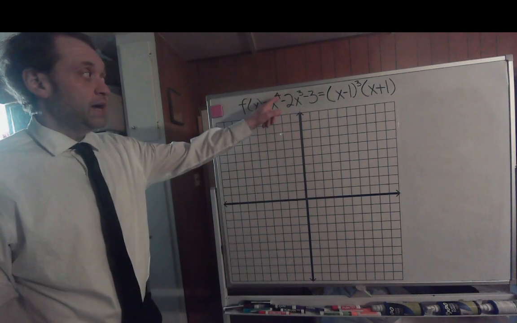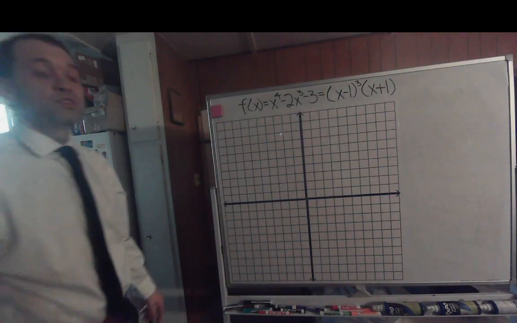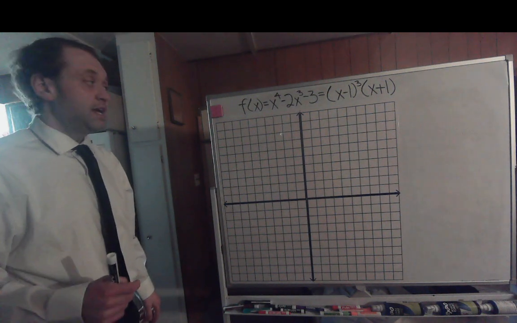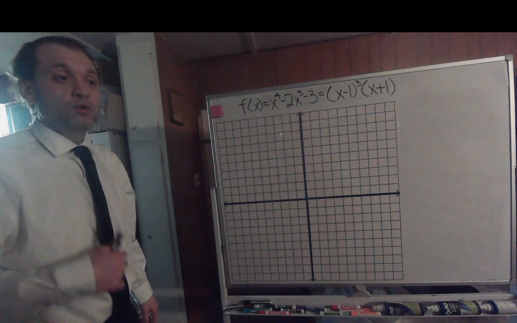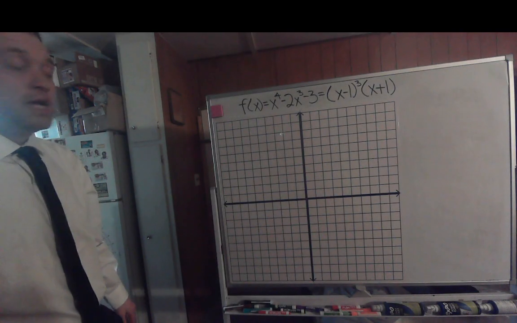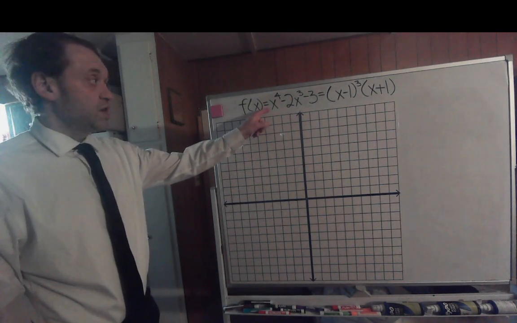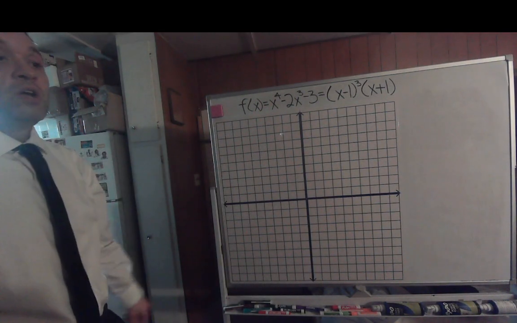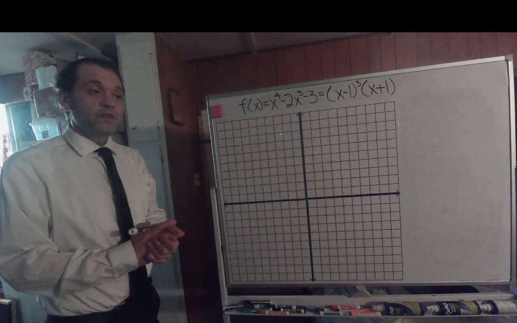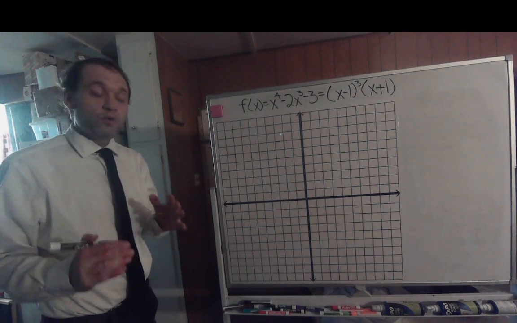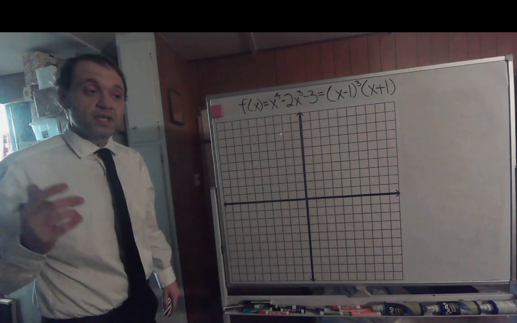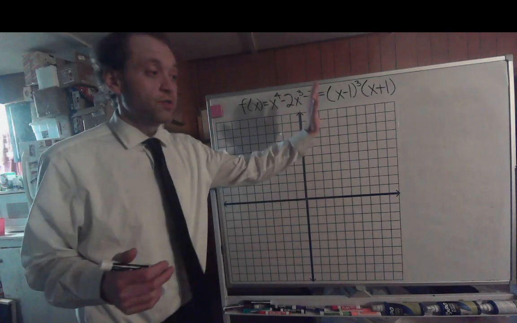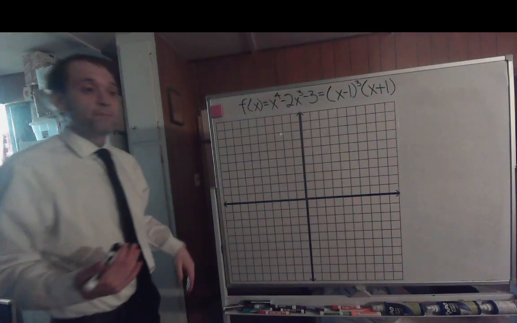It's to the fourth power, meaning the degree of the polynomial is four. So it's going to behave as a fourth degree polynomial, an even power polynomial. And furthermore, the leading coefficient on that x to the fourth term is positive. When you have a positive coefficient on an even-powered polynomial, what does that do for the end behavior? It rises to the left and it rises to the right, almost parabolic-like.